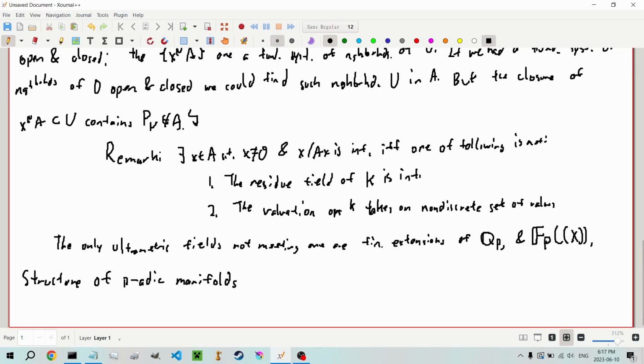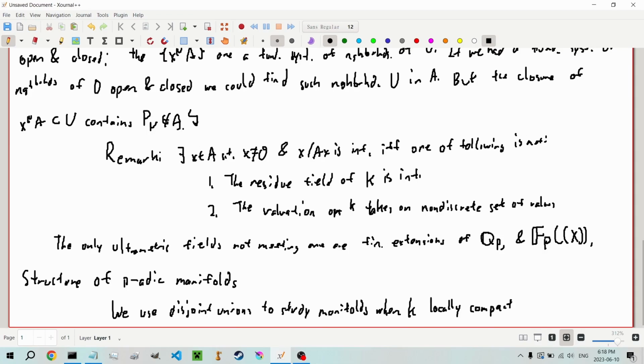So we're going to use, it says here, the notion of disjoint union to study manifolds when K is locally compact and ultrametric, as the p-adics are.